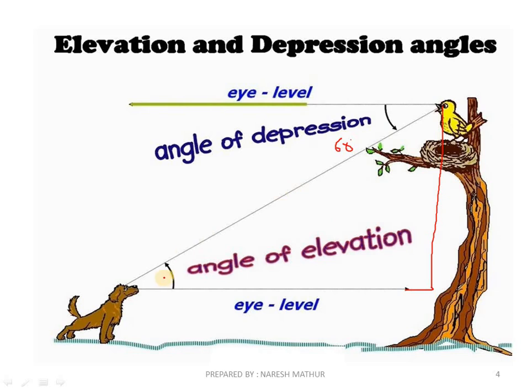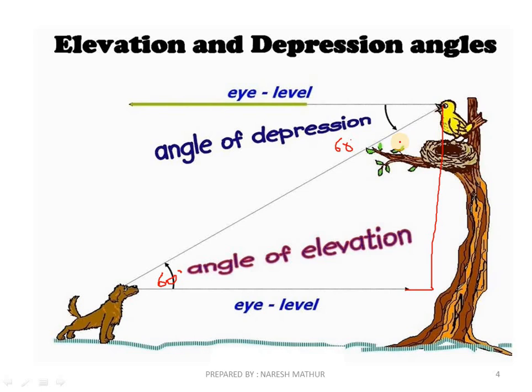So if this angle is 60 degrees, this angle will also be 60 degrees, because these angles are alternate interior angles. But if we are given a question on angle of depression, we have to represent the horizontal surface and line of sight, and we have to represent the angle of depression.